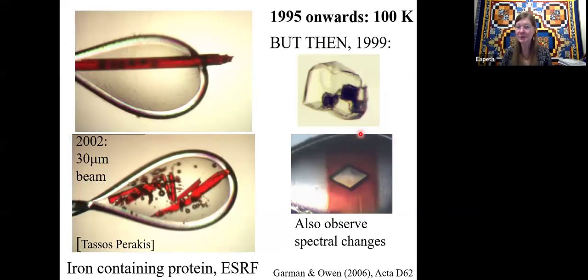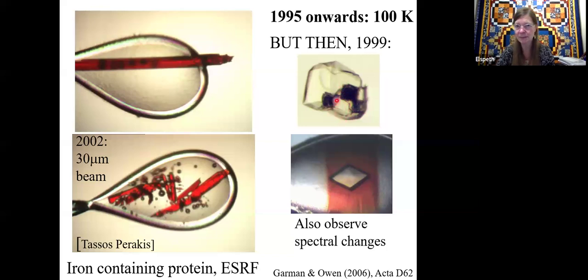However, even when you cool the crystal, you start to see pretty catastrophic things happening. This is a bird flu neuraminidase crystal from a noddy tern in the Great Barrier Reef, neuraminidase from flu virus, and you can see the marks that the beam has left. This was an iron-containing protein up here, and the beam left black marks on it.